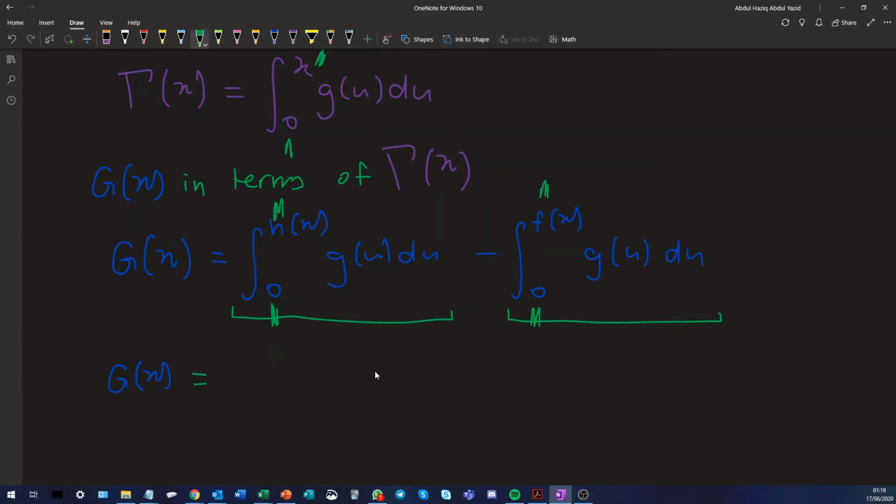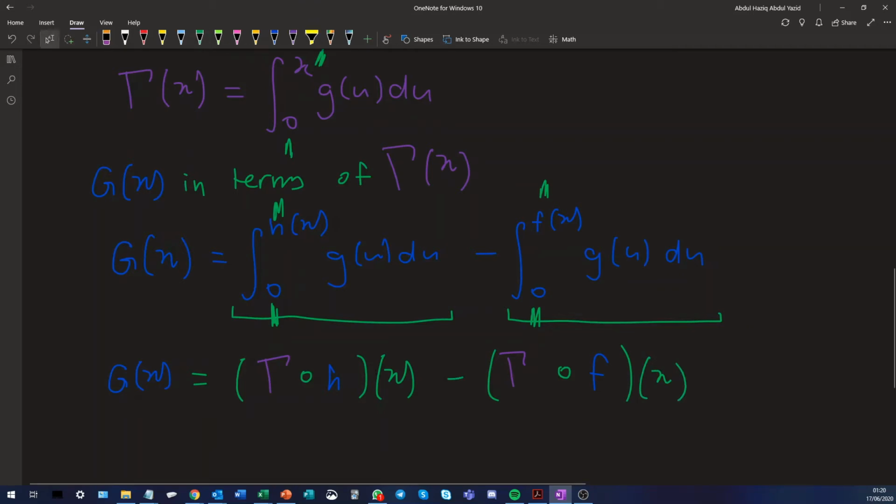So G of x can be rewritten as gamma composed with h, minus gamma composed with f: gamma of h of x and gamma of f of x.